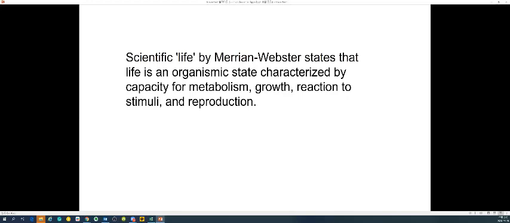Okay. How about reaction to stimuli? Any example you can think of which shows this kind of reaction to stimuli, even though it is not a life form? Chemical reactions, yes.